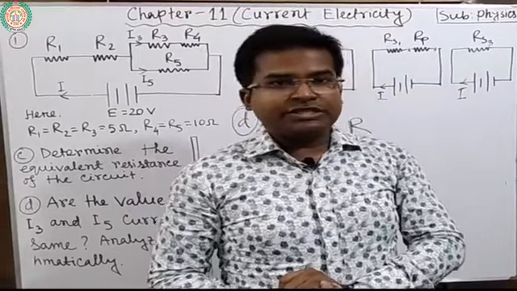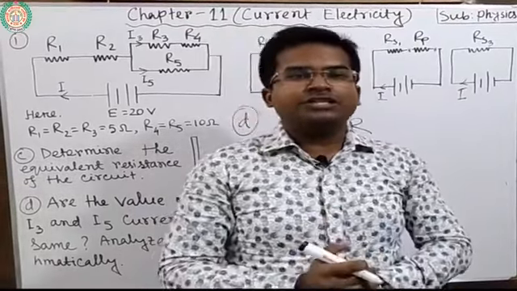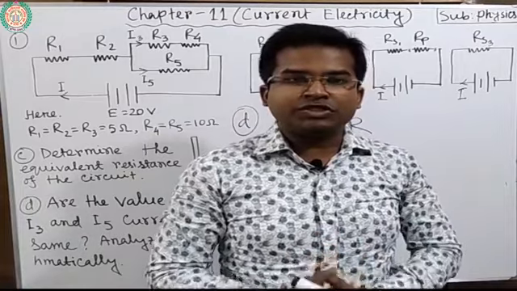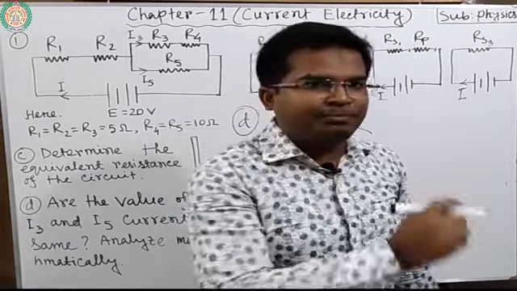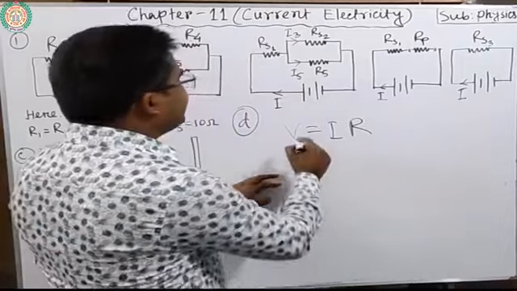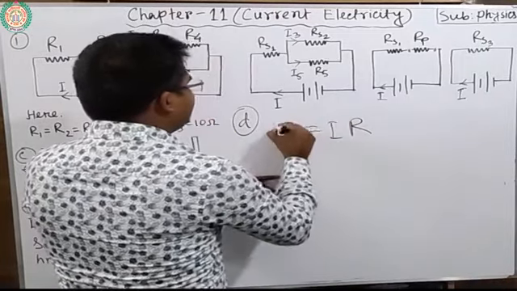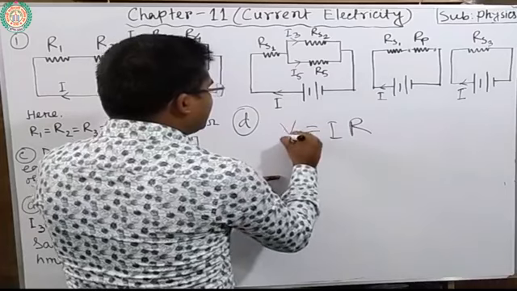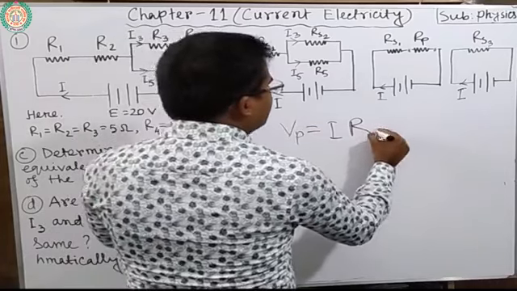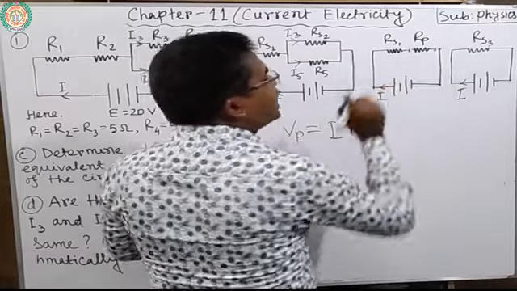So dear students, if you consider the voltage drop between two terminals of RP resistance is Vp, you can write Vp is equal to IRP, because I current is going through the RP resistance.